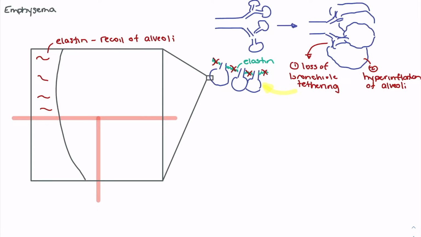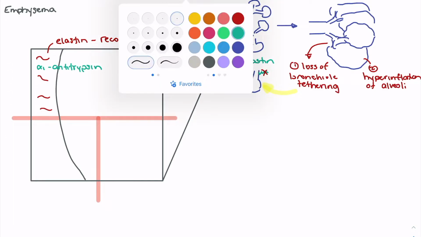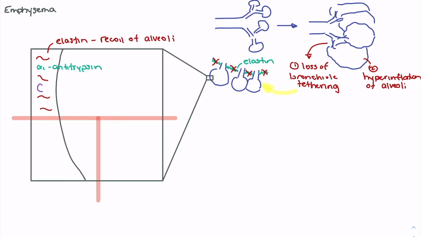We also have other elements in here that are going to play a role. So we have what's called alpha-1 antitrypsin, and we have elastase. And elastase is an enzyme that is going to break down our elastin.